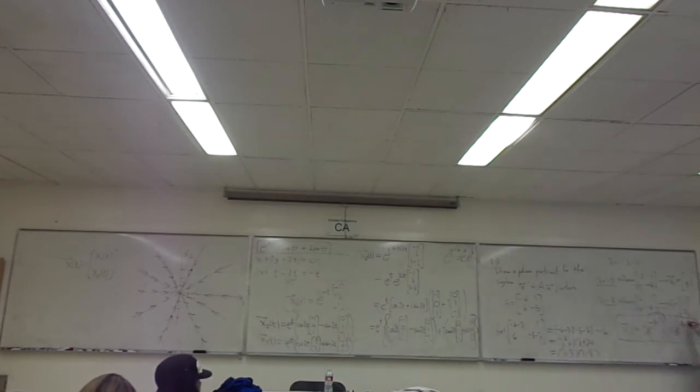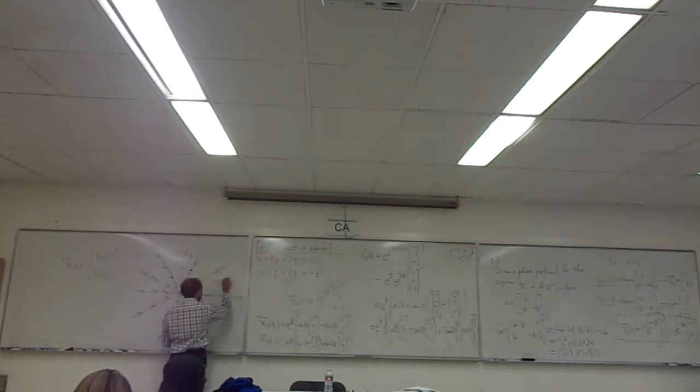As t gets big, it does not matter what C1 and C2 are. It could be any one of those different curves. Everything is going to die off to the origin. Because when t gets big, e to the negative 3t is getting killed to 0, and e to the negative 8t is getting killed to 0. Does that make sense? Okay, so this is a sink. That's what we call the sink.